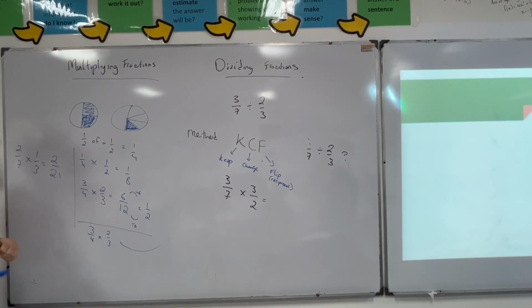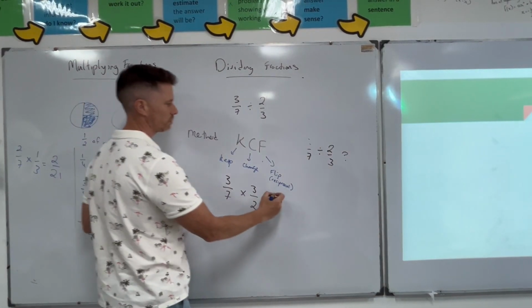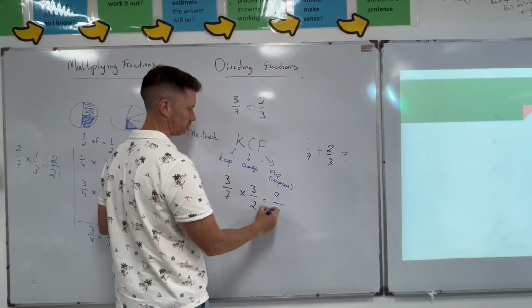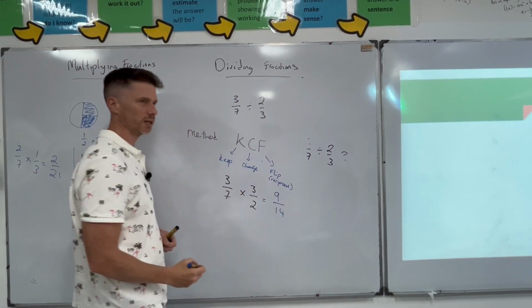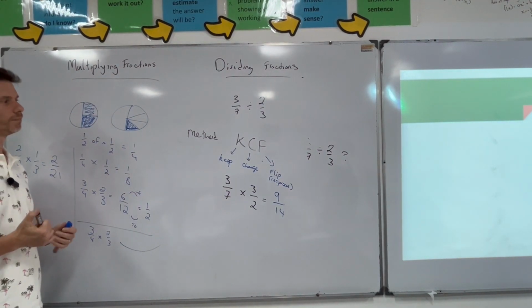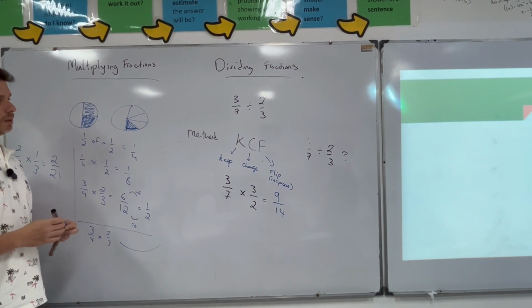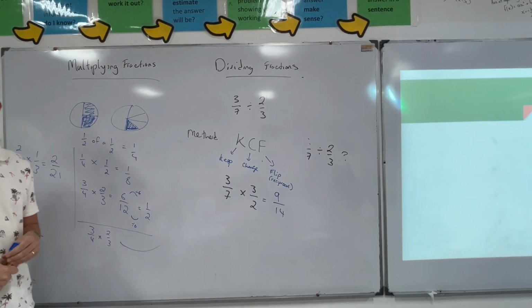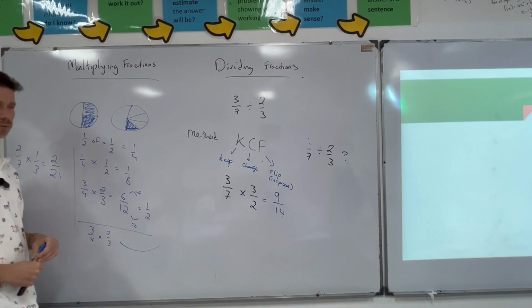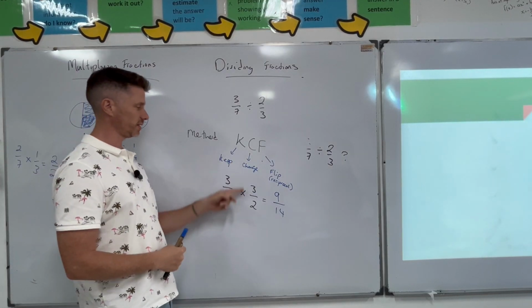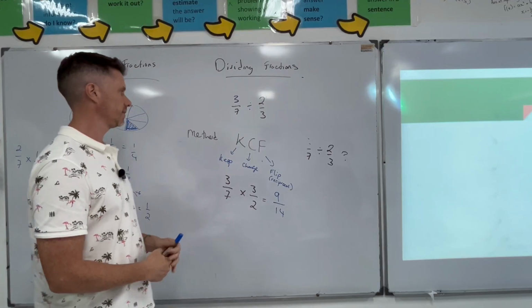Just go straight lines. 3 times 3 is 9. 7 times 2 is 14. And that is the answer. That's how we do it. We take fried chicken, keep the first fraction the same, change the sign to multiply and flip the second fraction.